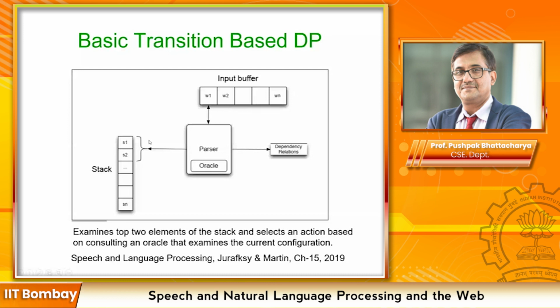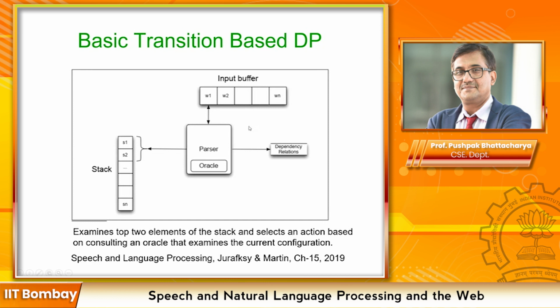So these are the words in the sentence, and the stack contains the words again, but you look at the top two words in the stack and make a decision as to which operator to apply: left arc, right arc, or shifting. We have also said that the same configuration is used to decide what should be the label on the arc.